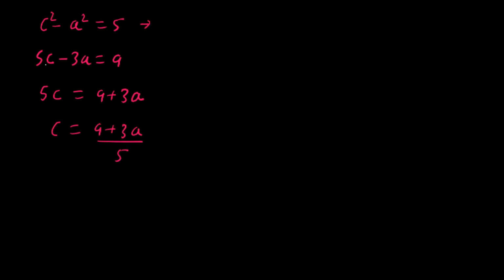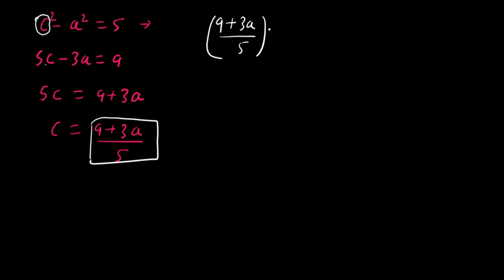Here c is replaced by (9 plus 3 times a) divided by 5. Then ((9 plus 3 times a) divided by 5) whole square minus a square equals 5. Here we will apply the formula for (a over b) to the power m.